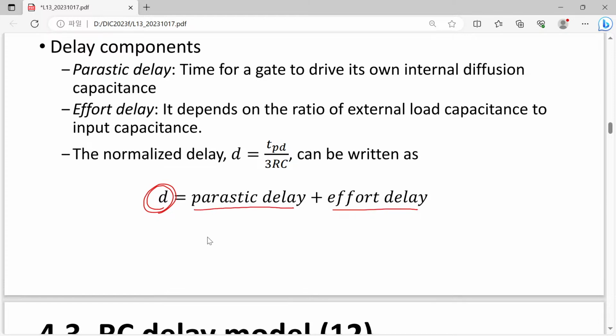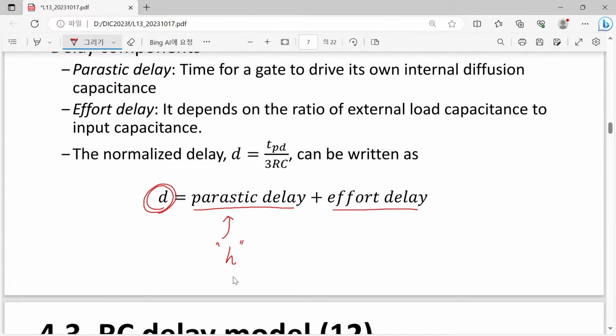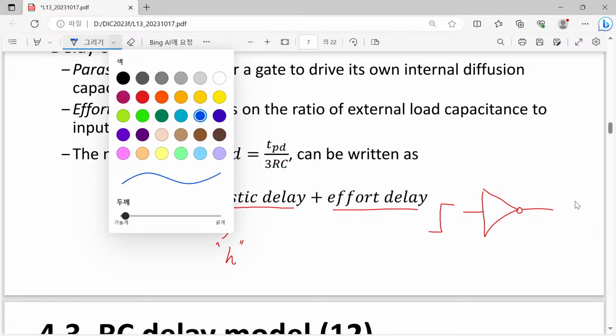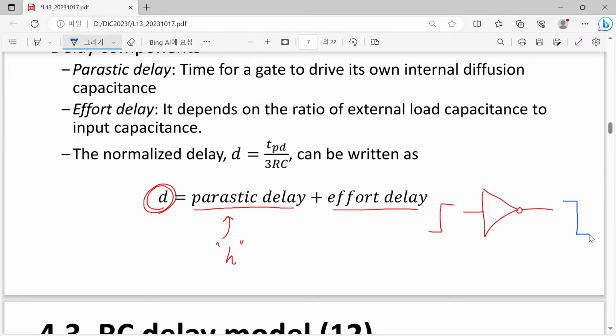So one term is its own delay, which does not depend on fan out. Even when we have an unloaded gate, for example, if there is nothing attached to this one, when we make this transition it still takes some time to have our inverted signal in the output.